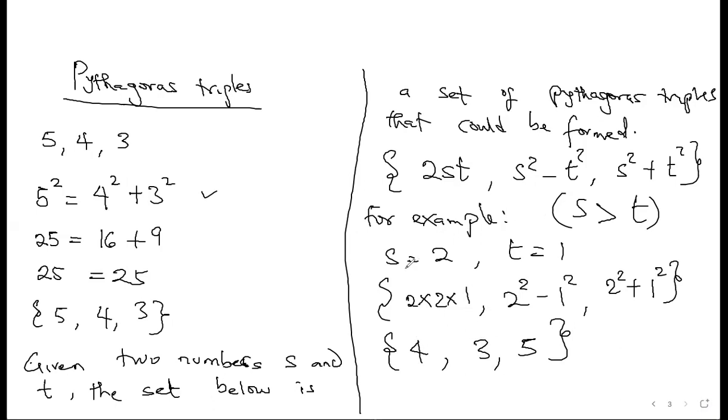This is just a random choice, like s equals 2, t equals 1. I can take any number. So let's pick other values for s and t. Let's say I pick s equals 3 and t equals 2. I can also generate Pythagoras triple from that.